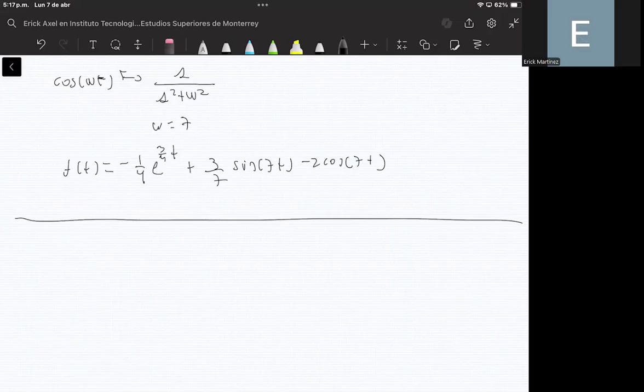Now we know how we can compute the Laplace transform and the inverse Laplace transform. Okay. So in order to compute differential equations, we can use the following relationships.